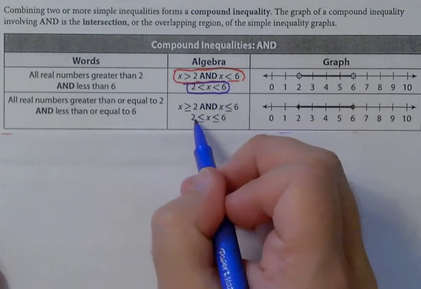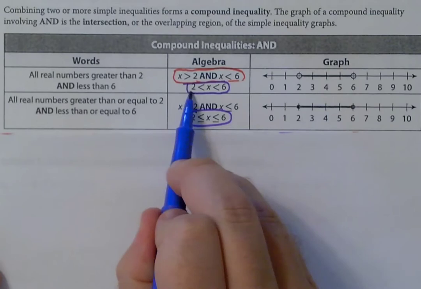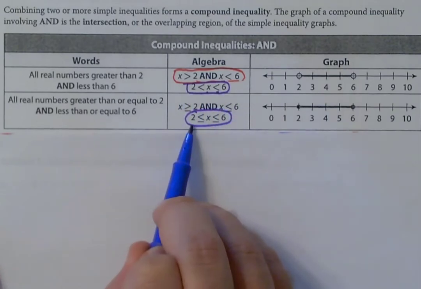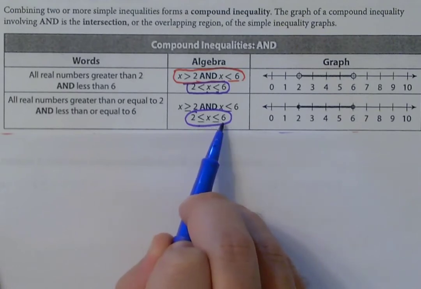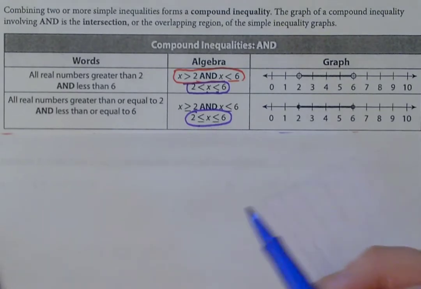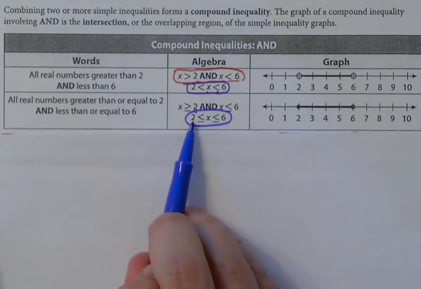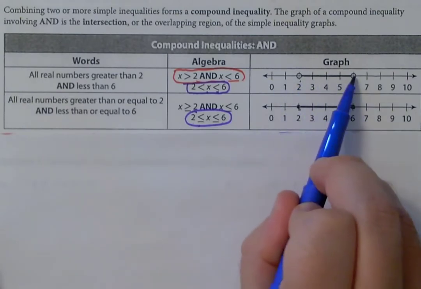If it's fully connected, which is how we will see it most of the time, 2 is less than x and less than 6, or we could say 2 is less than or equal to x and less than or equal to 6. Now, when we graph "and" statements, we have 2 and 6, so that's where our endpoints on our graph are going to be.